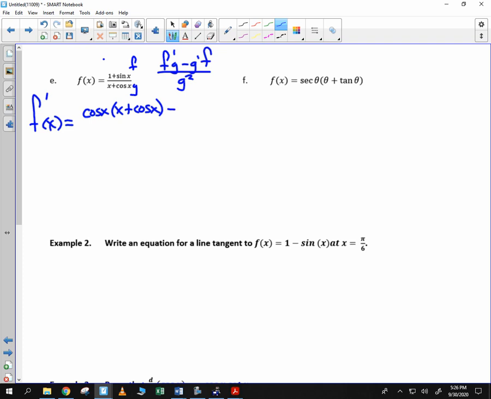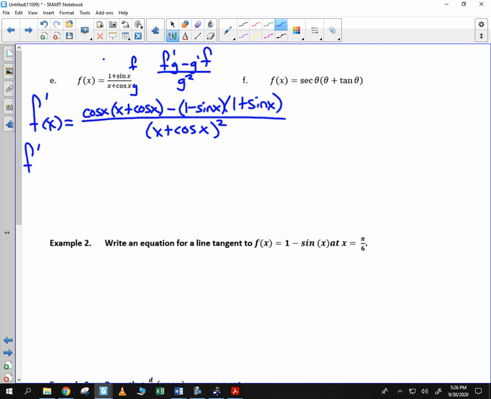Minus, now we have the derivative of the bottom, which is 1 minus sine of x, times the top, 1 plus sine of x, all over x plus cosine of x, quantity squared. It looks bad, but what we want to do is we want to actually begin with simplifying the top. And the top is going to simplify quite well.